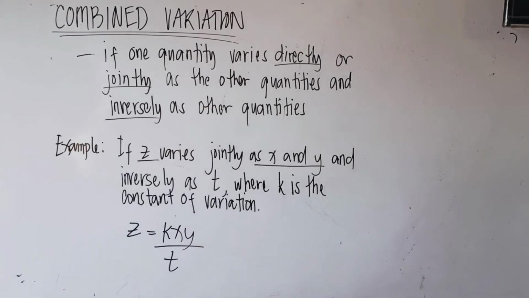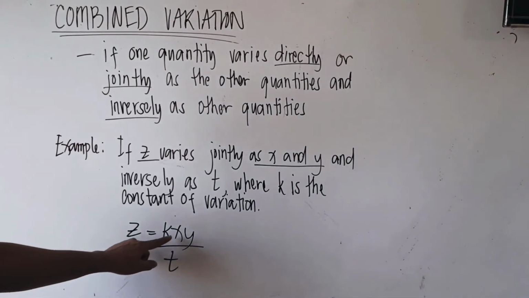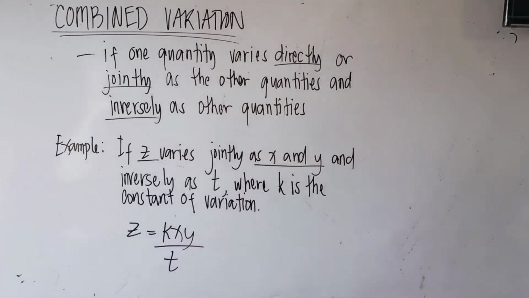So, bali maging equation natin dyan, z equals kxy over t. Ayan po yung equation sa example na yan. Again, take note, yung k is the constant of variation. So, ibig sabihin, hindi po siya pwedeng mawala sa equation. Ayan po yung first example natin, paggawa ng equation in combined variation.